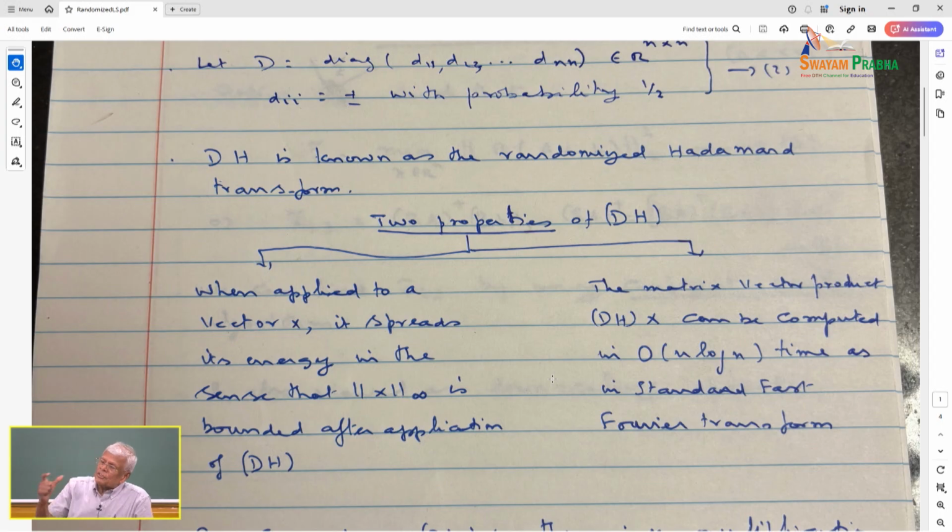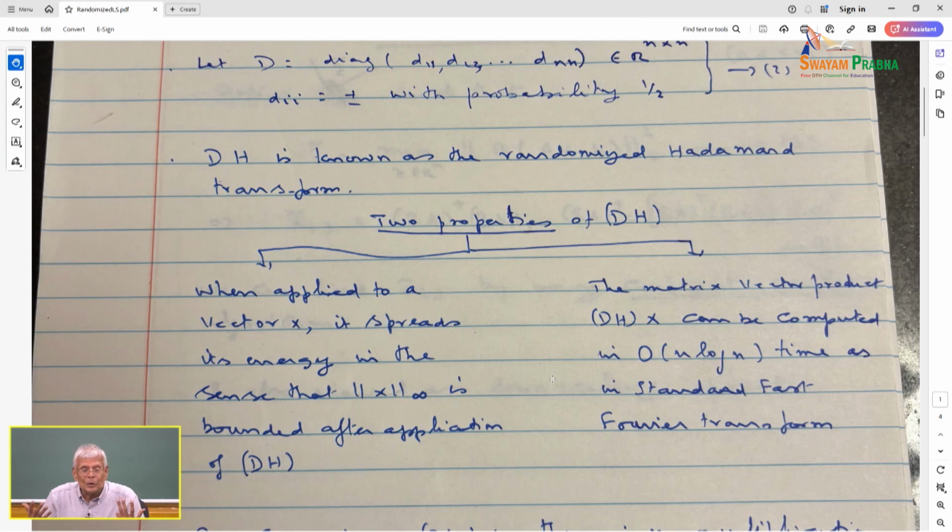So, by applying HD to the vector x, if I can spread it out, then what does it imply? The norms of the columns of A, the norms of the rows of A are not going to be too different, they are going to be very nearly spread out, and they are all going to be bounded, and there is not much of a difference between the energy in various columns or rows.